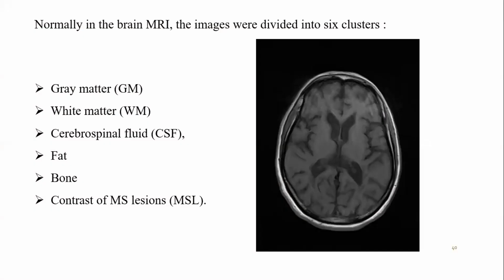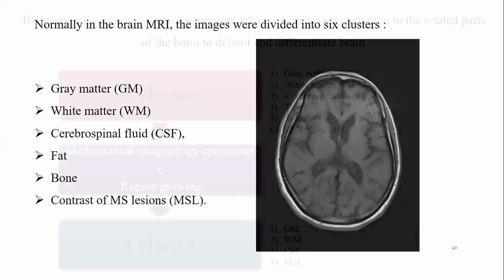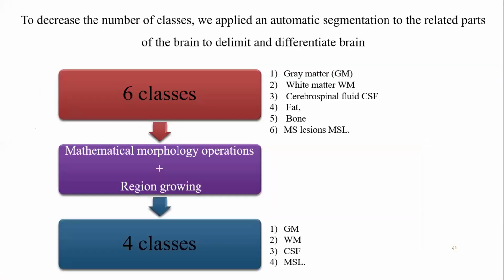Normally in brain MRI, the image is divided into 6 clusters: gray matter, white matter, CSF, fat, bone, and the contrast of MS. So, to decrease the number of classes, we first applied an automatic segmentation to all the related parts of the brain to delimit and differentiate the brain.